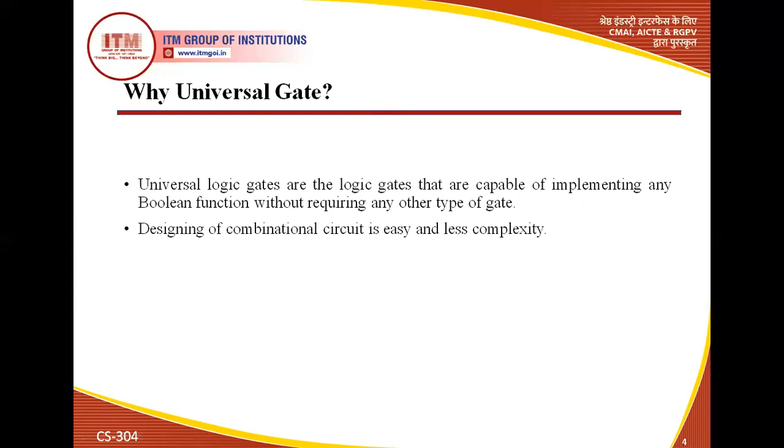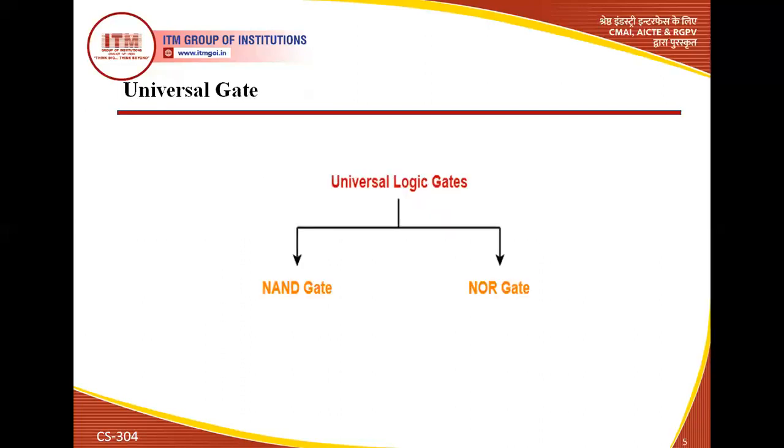And the second thing is that we can design any combinational circuit with the help of universal gates, and the complexity of the circuit is very low. Basically, we know that there are two types of universal logic gate, NAND and NOR.